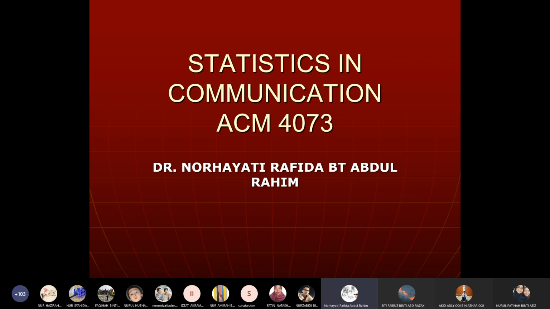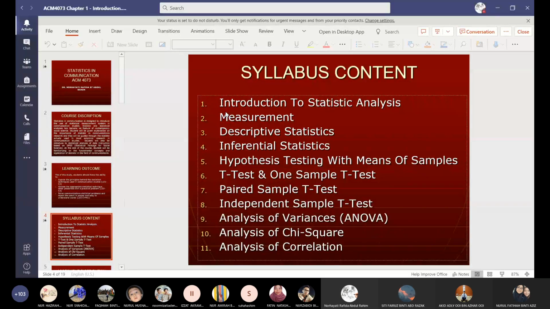You will definitely ask me, Madam, you told us that we have 8, now there are 11 on the list. If you look at number 6, 7, 8, these topics are about measuring differences.